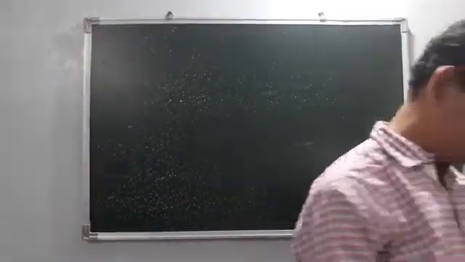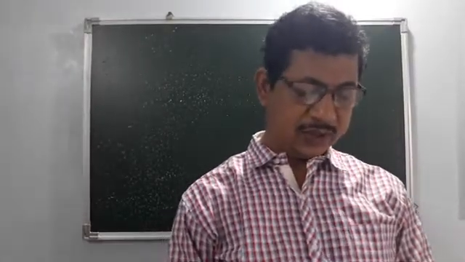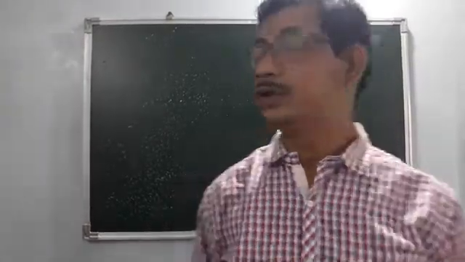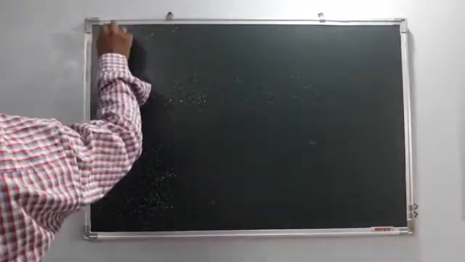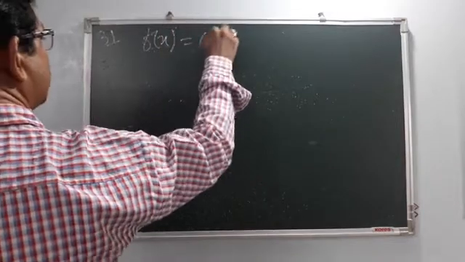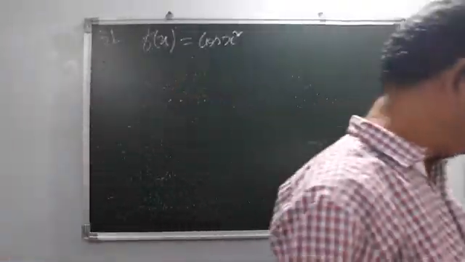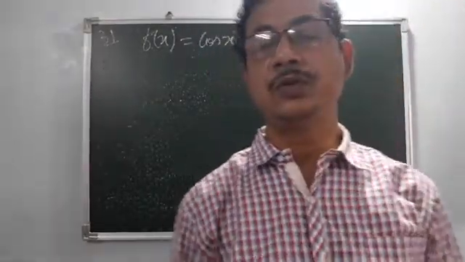Now question number 31. It says, show that the function defined by f(x) equal to cos x square is a continuous function. Before doing this one, we will use one theorem.